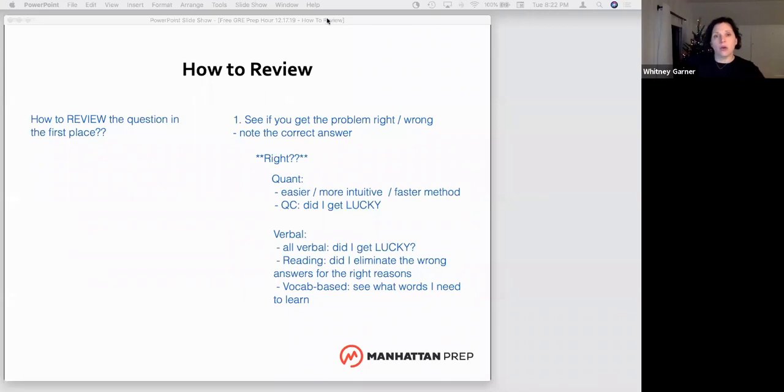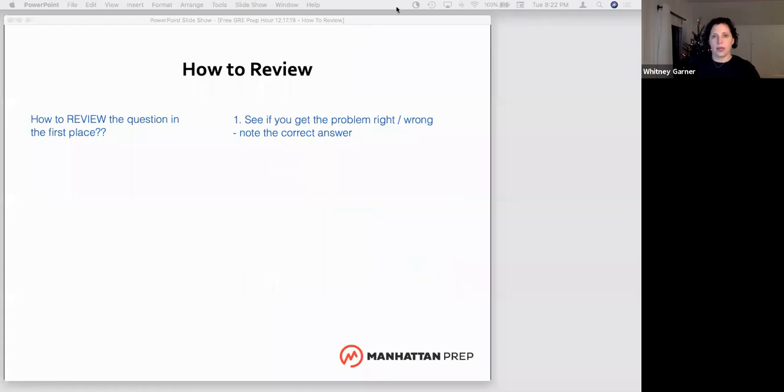Okay, so now we're going to talk about what to do if you get them wrong. We're going to look at each one of these separately, but just a couple of upfront notes about what you want to have in your mind as we go through some of these problems. If you get something wrong and you go immediately to the explanation and you start reading, just gorging on the explanation, you have become a connoisseur of explanations.